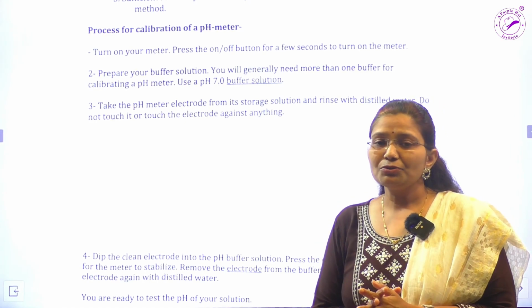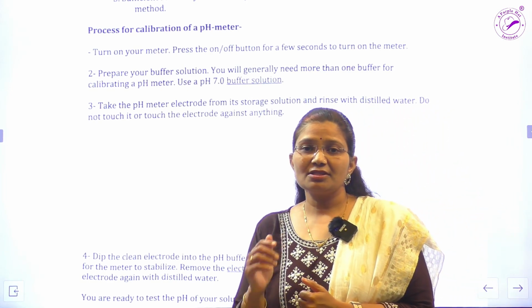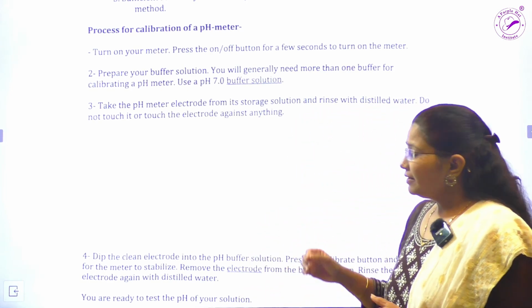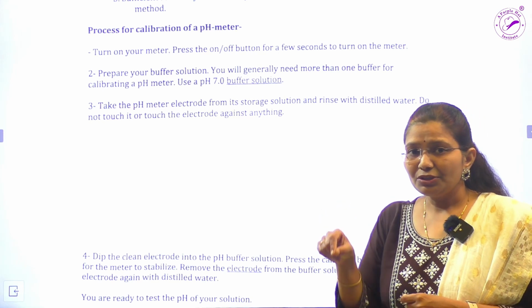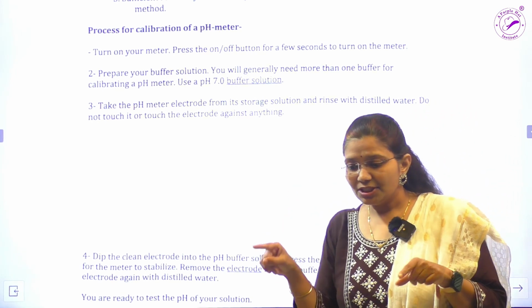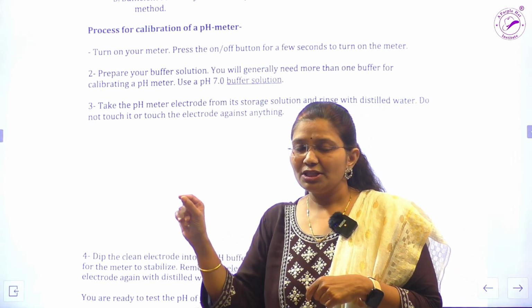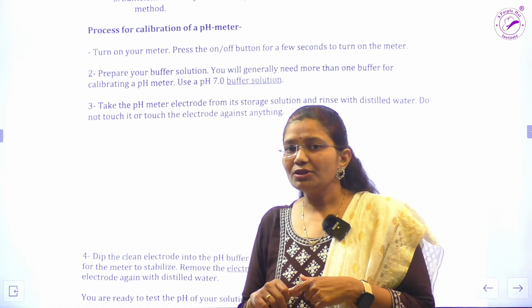Suppose you are going to use a buffer solution of pH 7. When you dip the electrode into the buffer solution of pH 7, the digital pH meter will show the pH of that solution, which will be 7. So this is how you can calibrate.